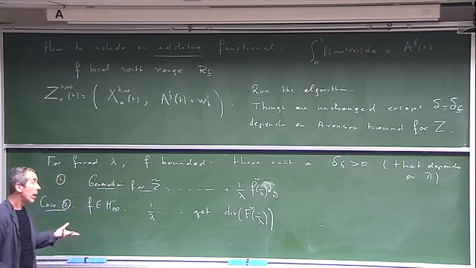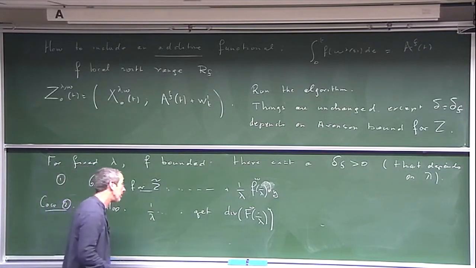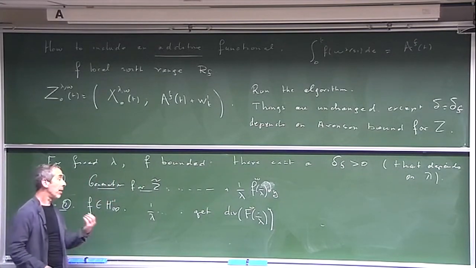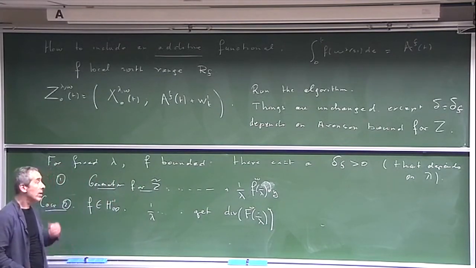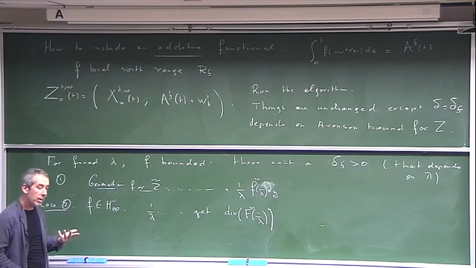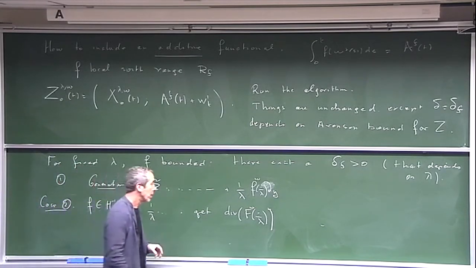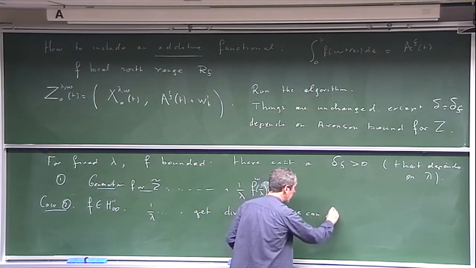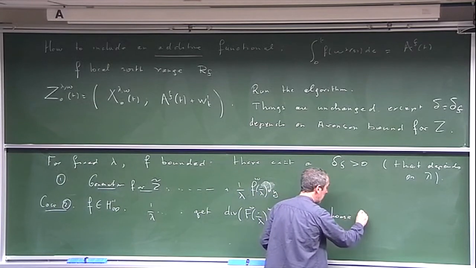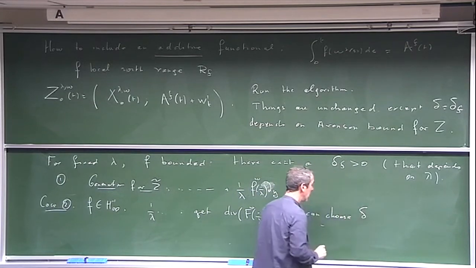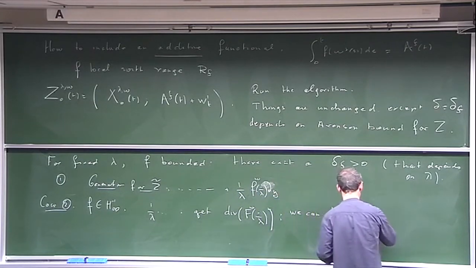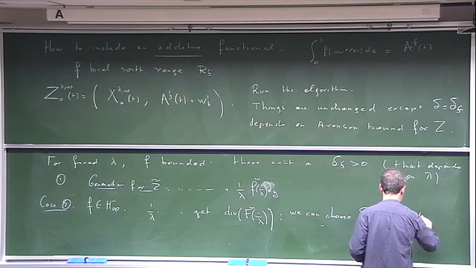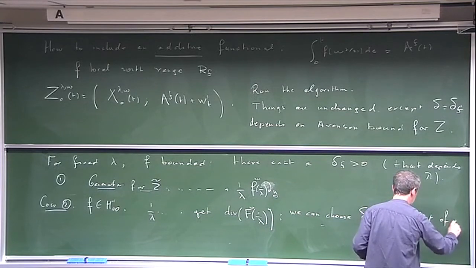And then you have an operator in divergence form with coefficients which are bounded, and they are bounded uniformly in lambda. So the Aronson bound is uniform with respect to lambda, and then the choice of delta is uniform. And then we can choose delta, so delta is delta F, independent of lambda.